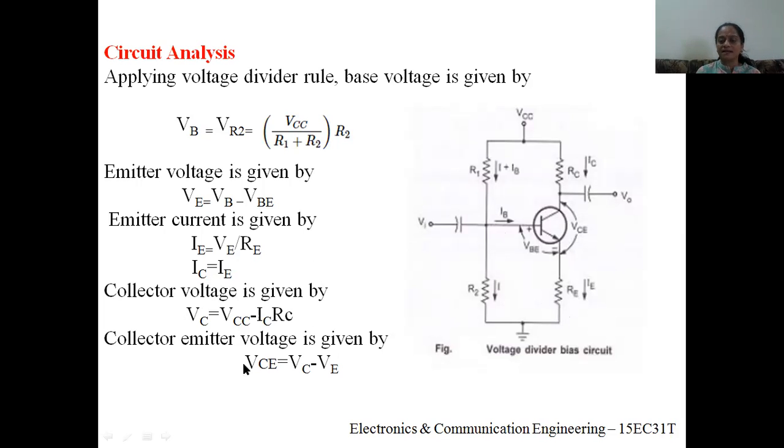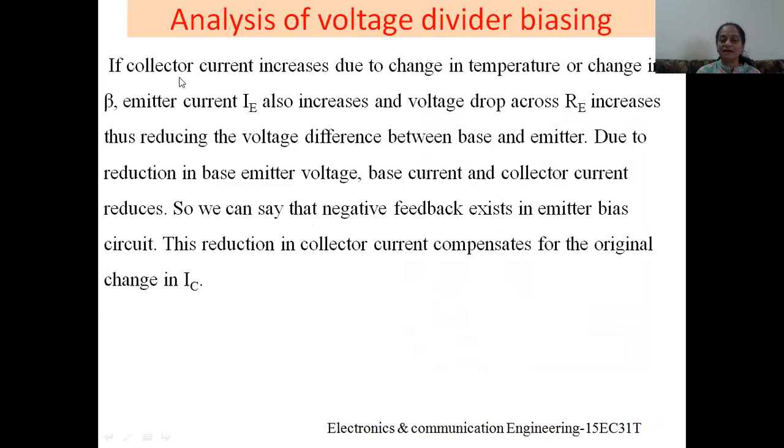So in this circuit, one of the important things is, if IC changes, if the collector current increases due to a change in temperature or a change in beta, okay, so sometimes the transistor is working, and the collector current may increase or decrease.